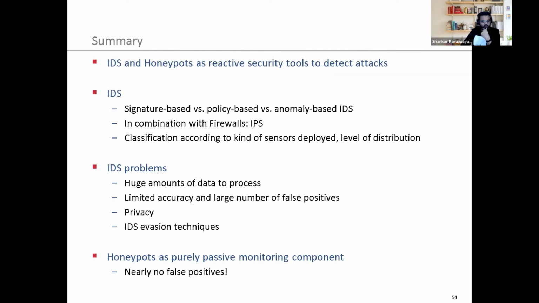You are able to perform classification according to the kind of sensors deployed and the level of distribution. The biggest challenges of IDS are that you have a huge amount of data to process, limited accuracy, and a large number of false positives. And of course, there are aspects of privacy and IDS evasion techniques that I very briefly mentioned. And finally, honeypots are a purely passive monitoring component with nearly no false positives.